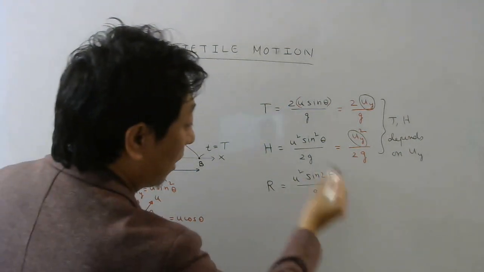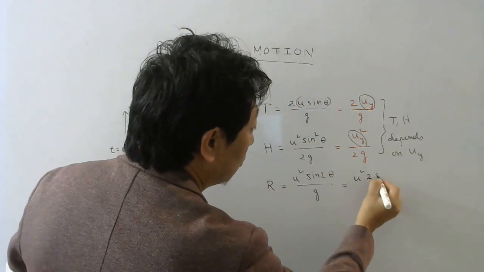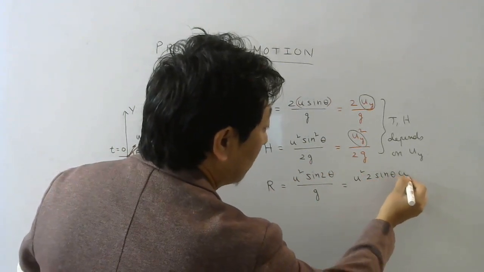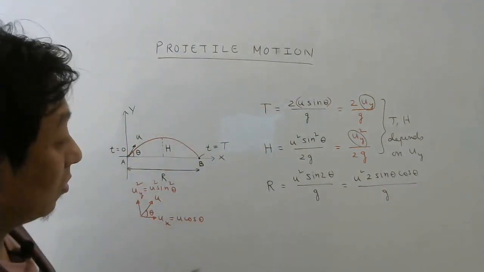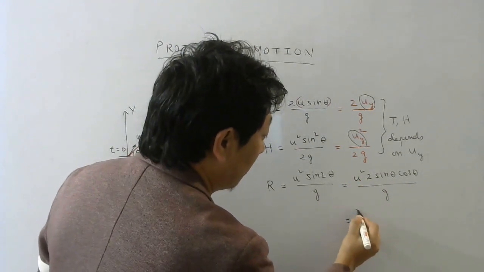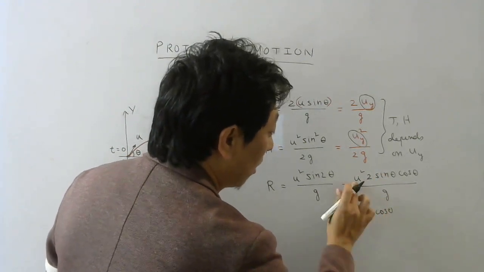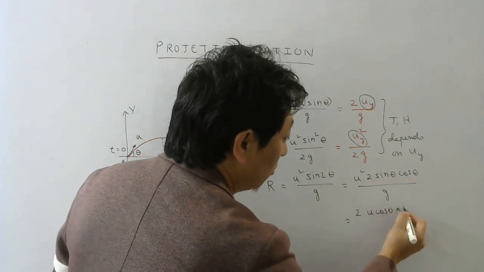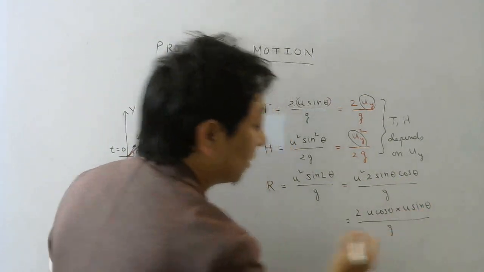Now this range, how I can write this sine 2 theta, I can also write as 2 sine theta and cos theta, isn't it? Now this 2 let me write separately here, and this u sine theta I can write as this one u cos theta and then one more u sine theta divided by g, right?